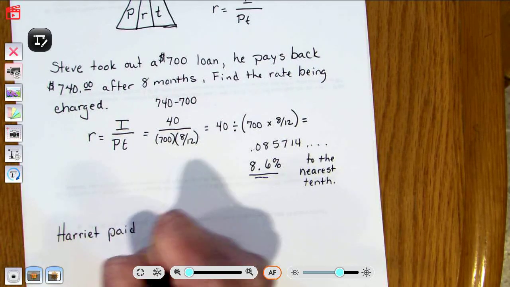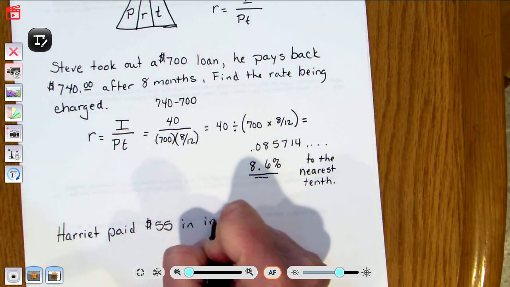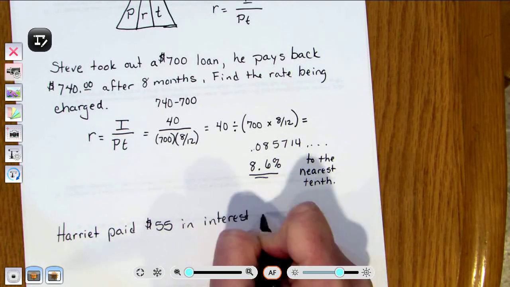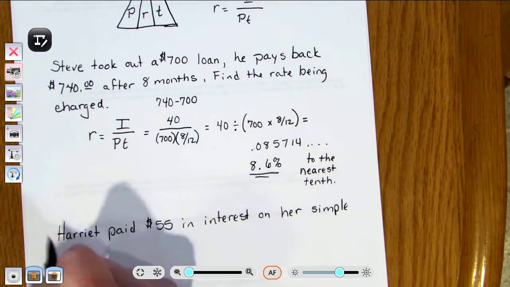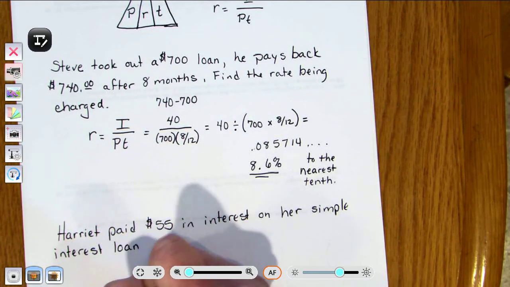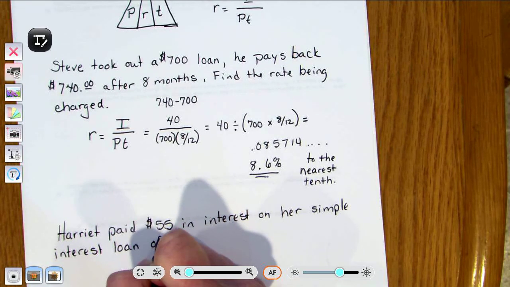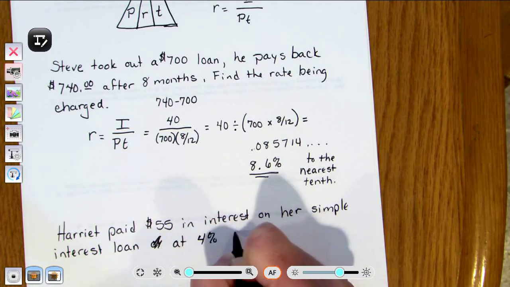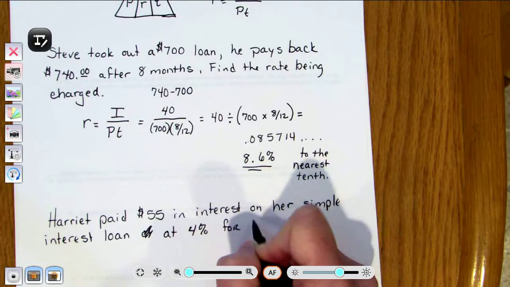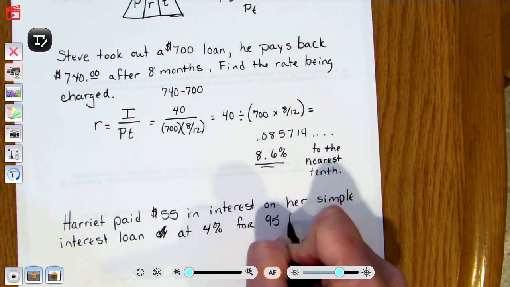She paid $55 in interest on her simple interest loan at 4% for 95 days.